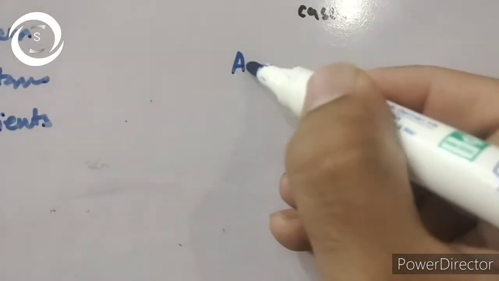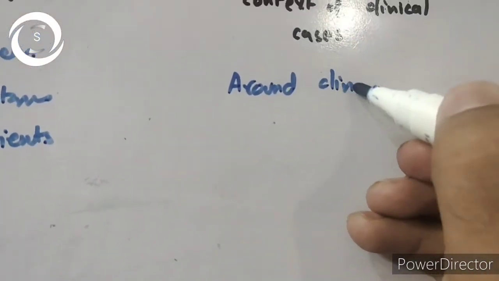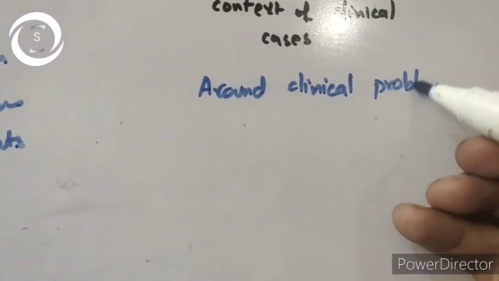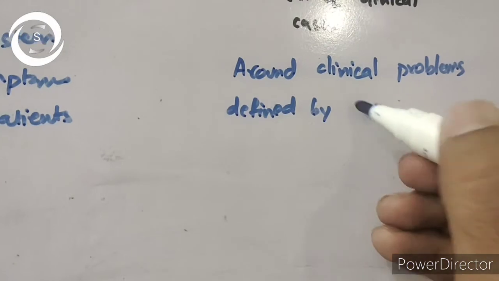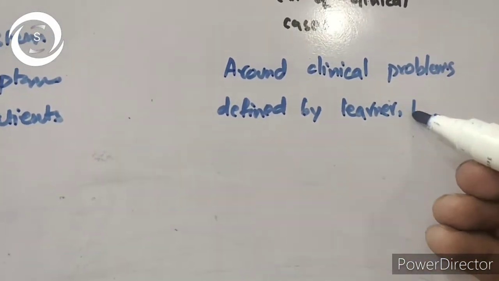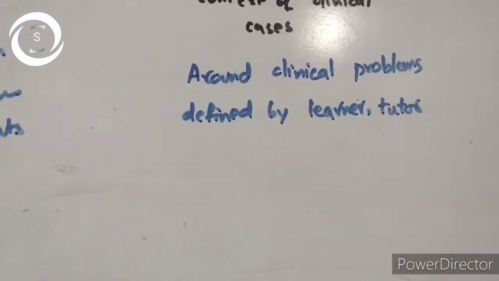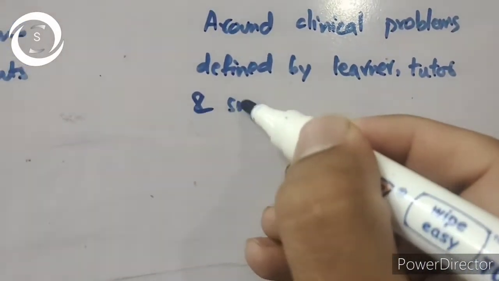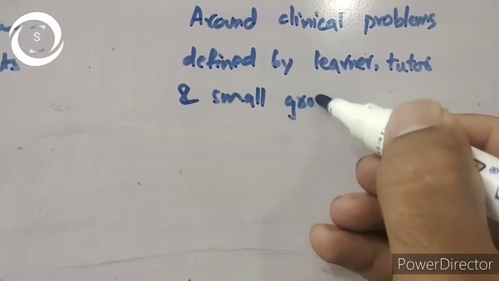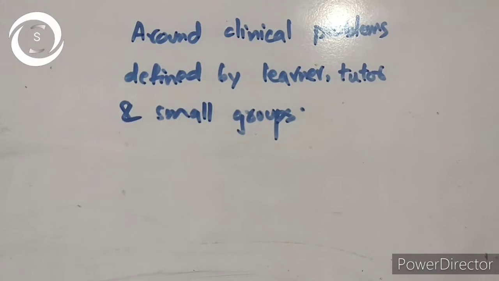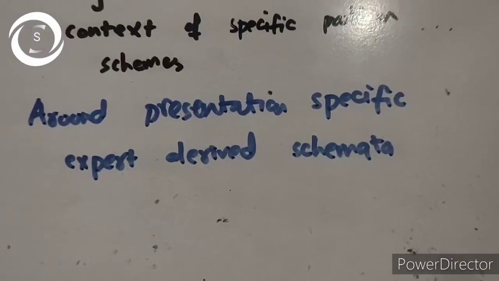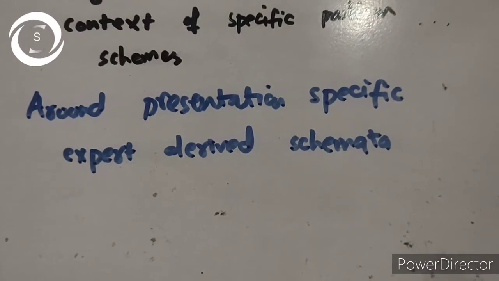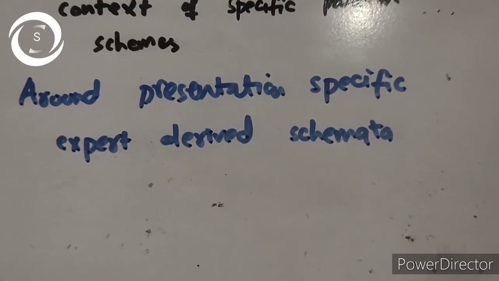In the problem based, it is around clinical problems defined by learner, tutor and small group interaction, whereas in clinical presentation scheme it is around presentation specific expert derived schemata.